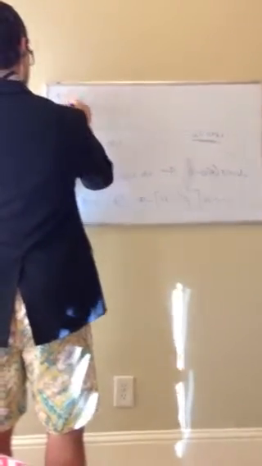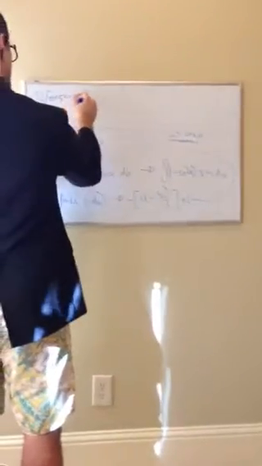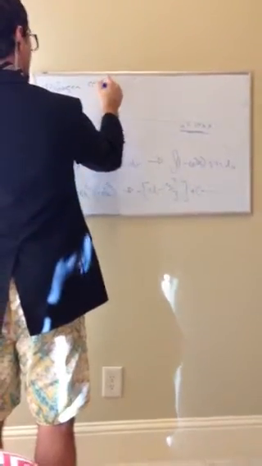We get cosine x minus cosine cubed x over 3 plus c. Then as a result, we get cosine x plus cosine cubed x over 3 plus c. Okay, moving on.